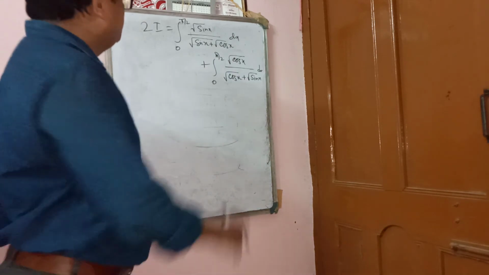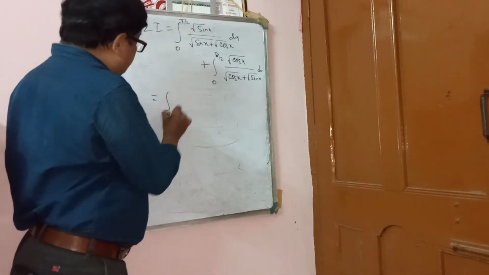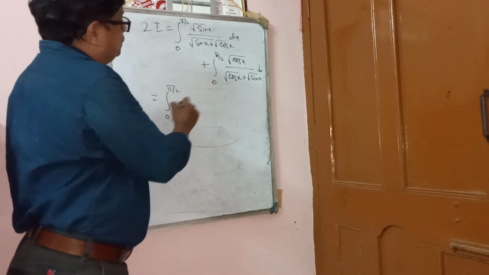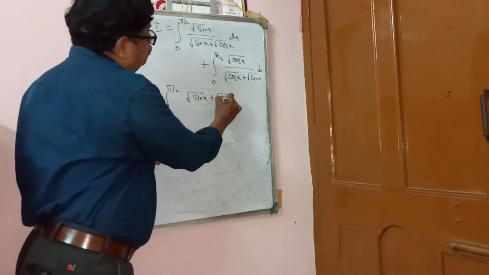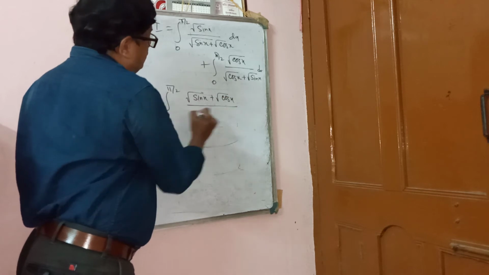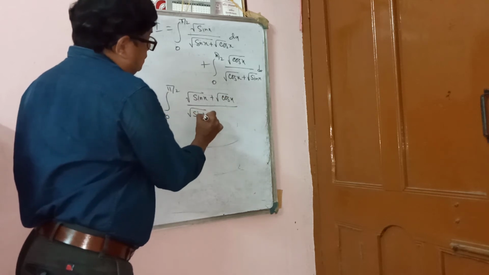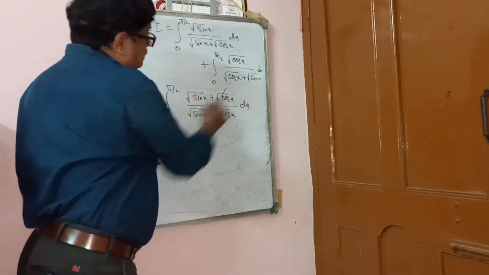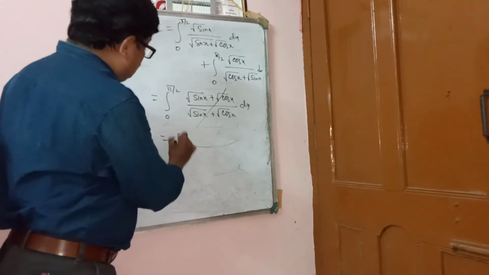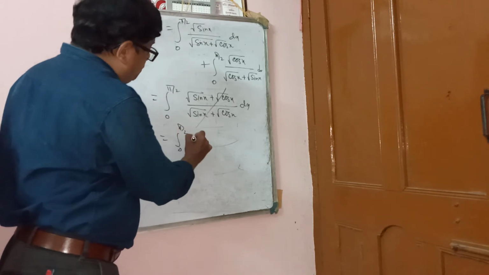So we can write the integral from 0 to pi by 2 of root sin x plus root cos x by root sin x plus root cos x dx. This is cancelled. So we have 0 to pi by 2 only dx.